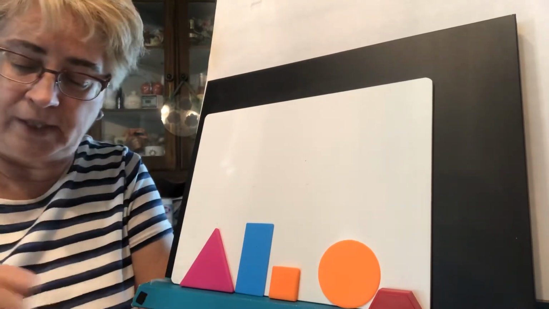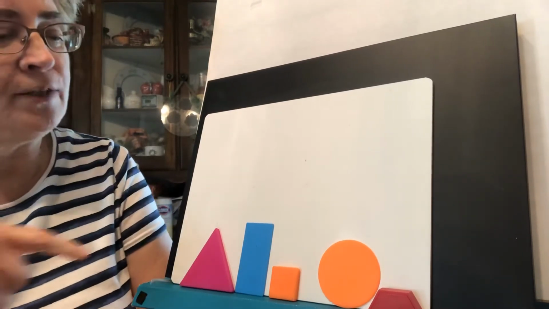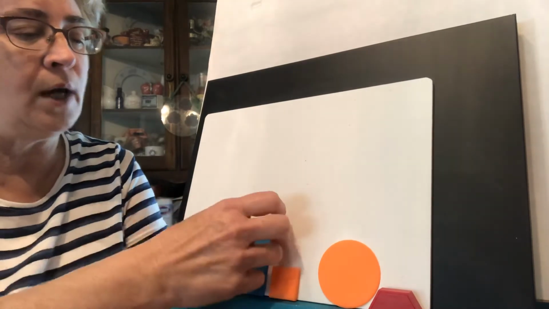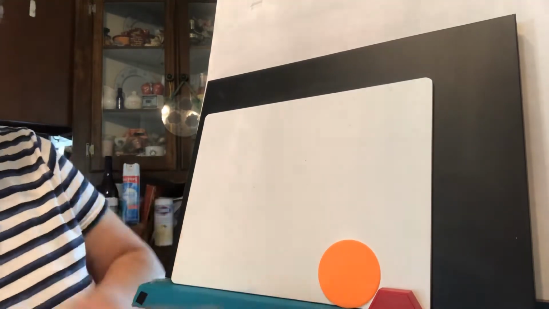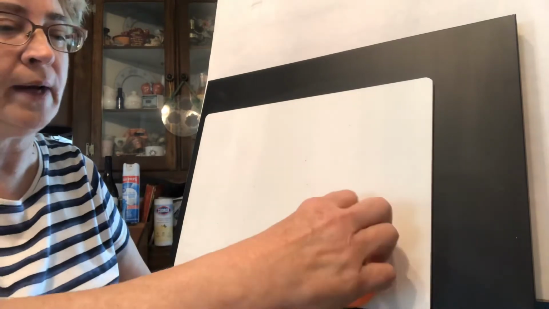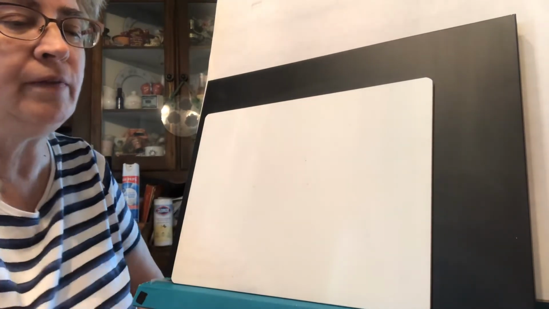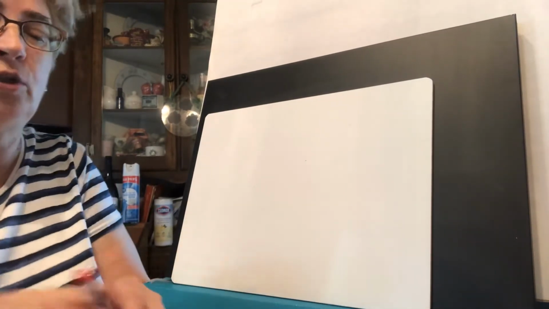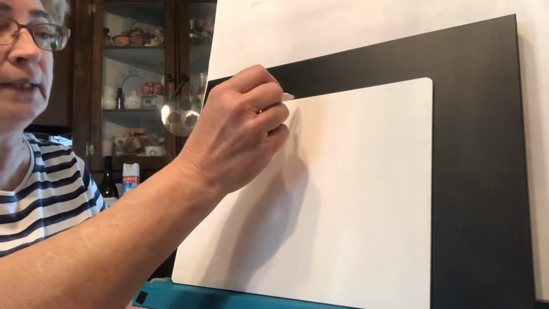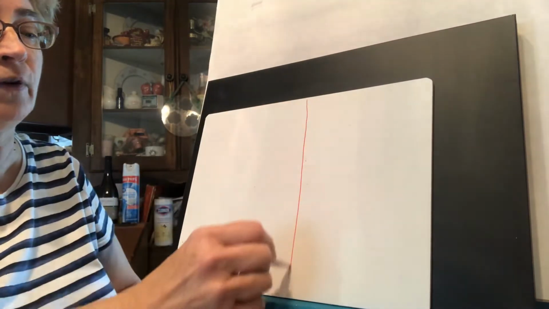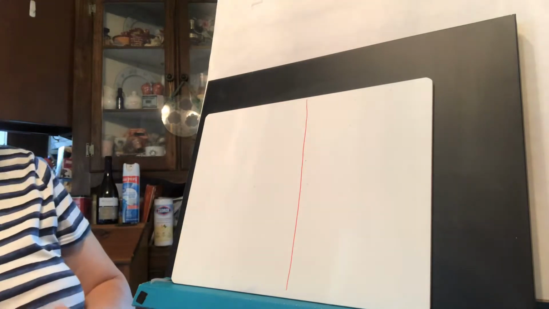So now here's what I'm going to ask you to do. I'm going to ask you on your piece of paper or on your slate or your board or whatever you have to write with, I'd like you to divide your slate or your paper into 2 equal parts, and I would like you to divide it vertically, 2 equal parts, okay?